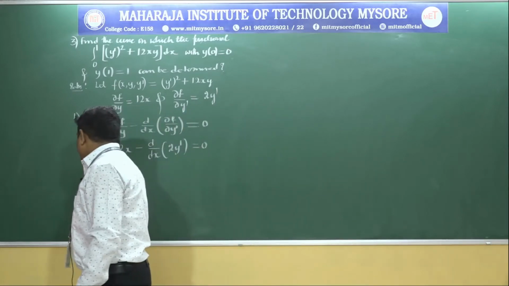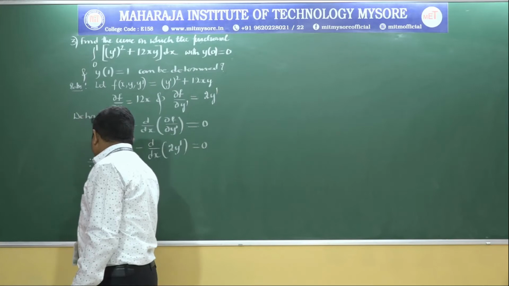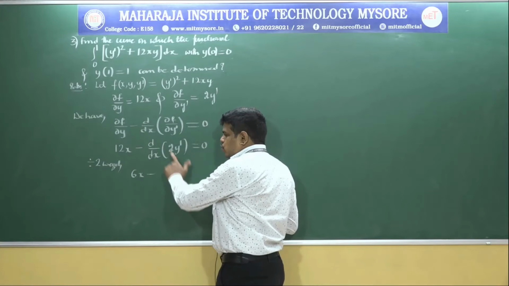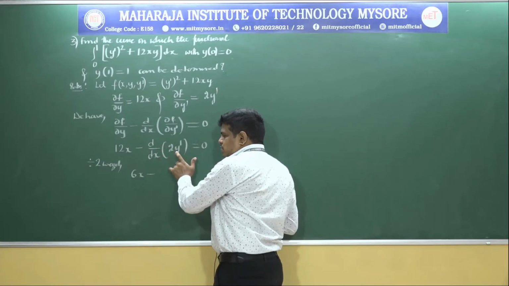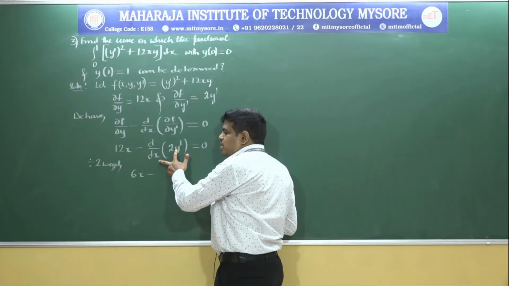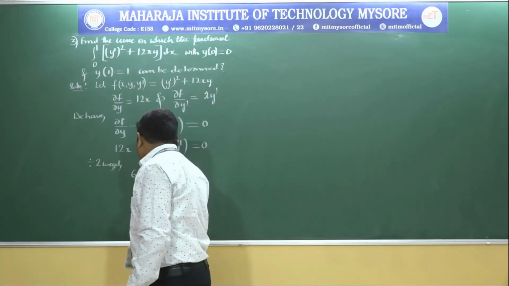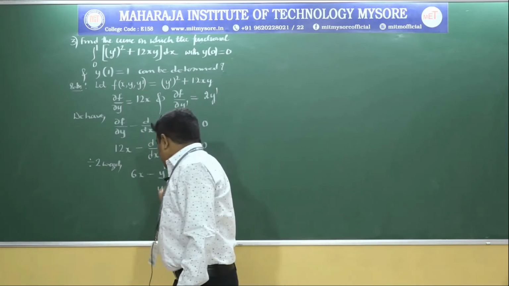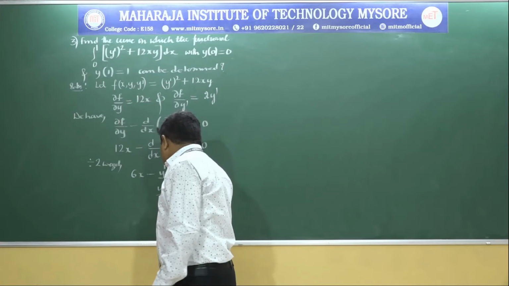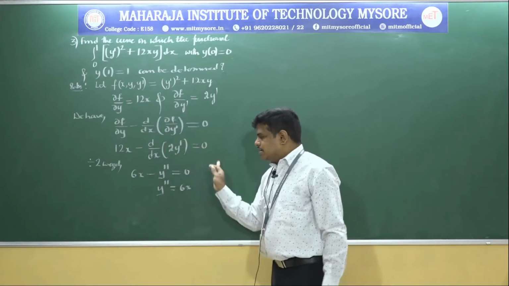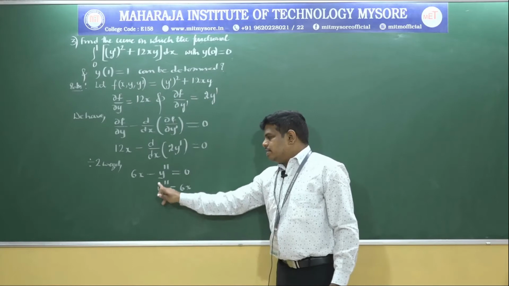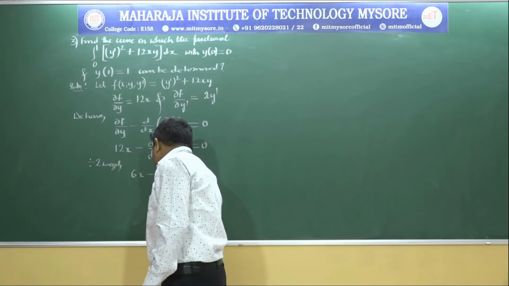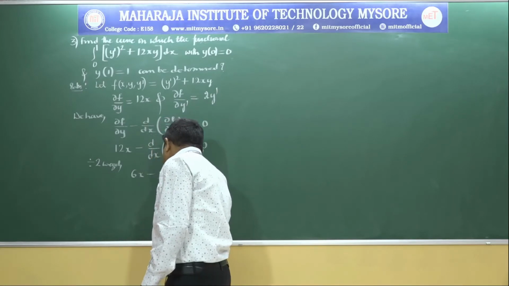On dividing by 2, it reduces to 6x minus y dash, the 2 gets cancelled. If you differentiate y dash again with respect to x, it becomes y double dash, so 6x minus y double dash equals 0. Next, shifting minus y double dash to the other side, it becomes plus, that is y double dash equals 6x. This can also be rewritten as d square y by dx square equals 6x.